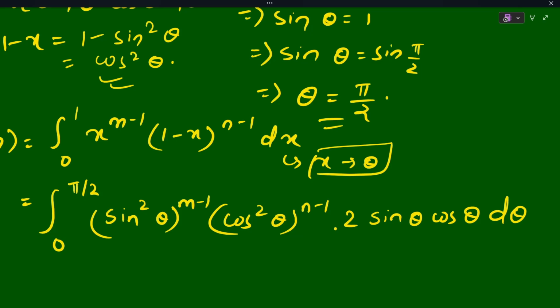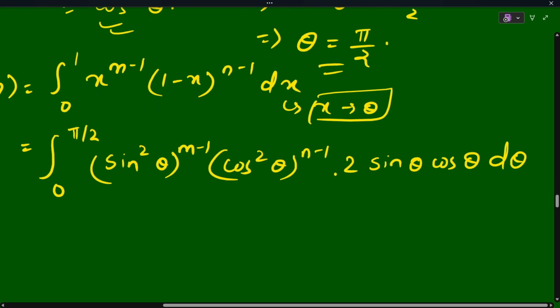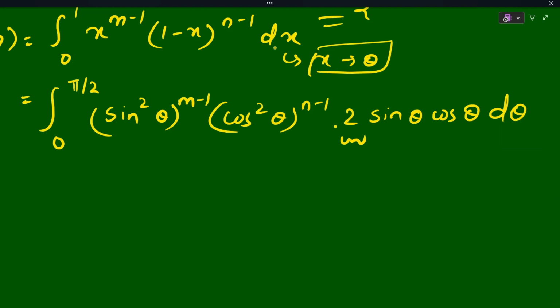Now we will see what are the powers. Here this 2 is a constant, so it will go outside of the integration. Now see the powers. It is sine square theta to the power m minus 1, so it would be sine 2m minus 2 theta.